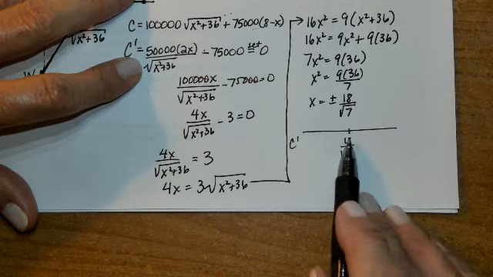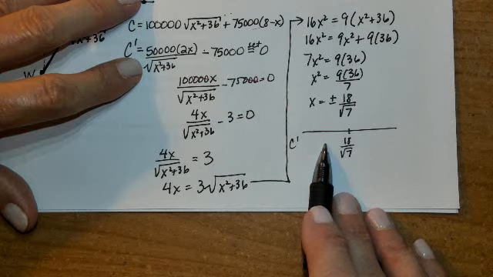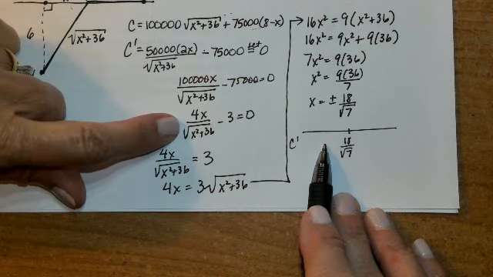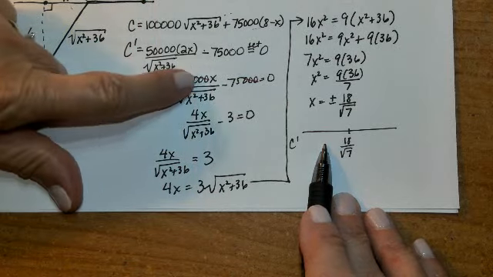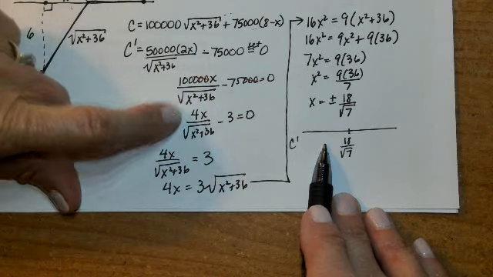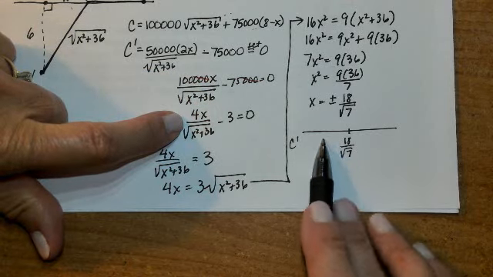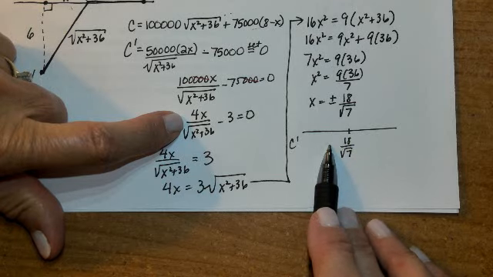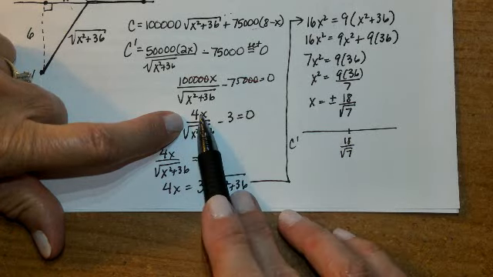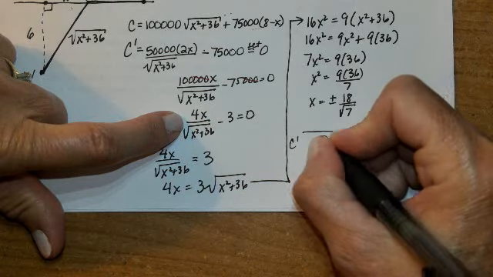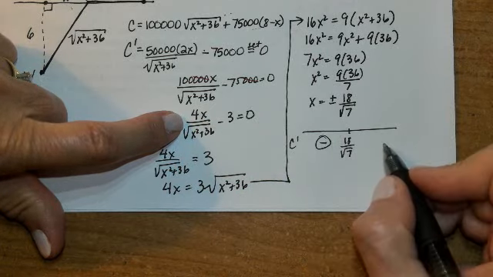So let's put in something to the left. And again, I'm going to use this simplified form, that's why I did the simplifying of that 100,000 and 75,000. Something nice to the left. How about 0? If we put 0, we'll have 0 minus 3. That is negative.